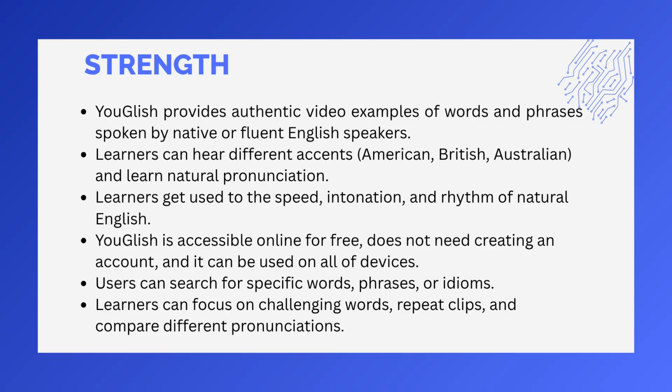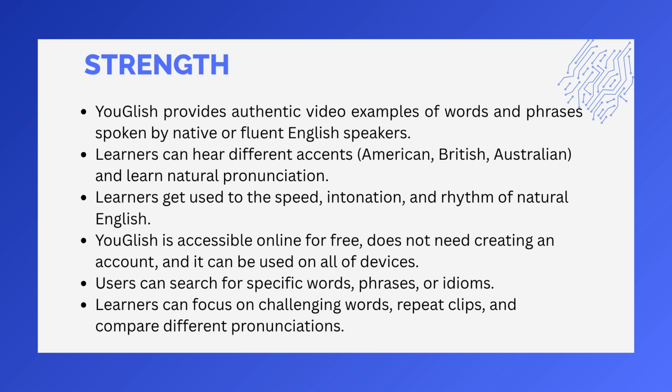Now, the next section is the strengths and the weaknesses of YouGlish. YouGlish provides authentic video examples of words and phrases spoken by native or fluent English speakers. Next, learners can hear different accents, for example, American, British, and Australian.